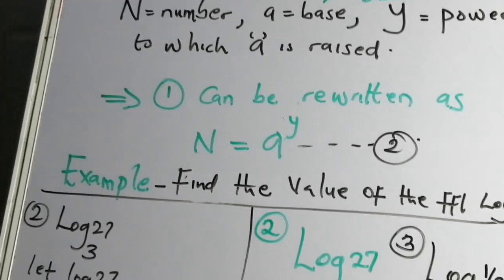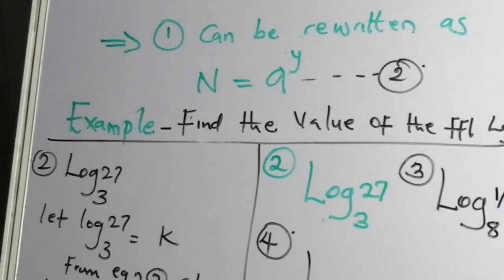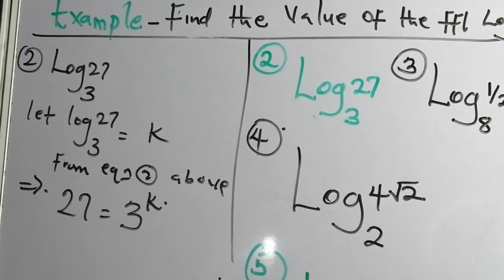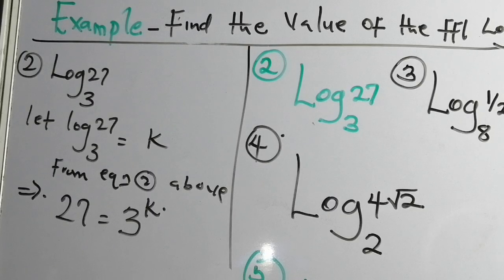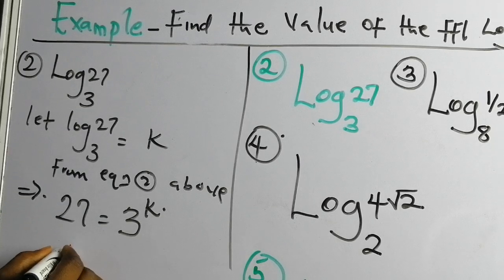So now, like I said, law of indices. If you've not gone through indices, surds, or algebraic processes like factorization and using the quadratic formula, please go through them so that you can have a full glimpse of what we've done so far. So in this case, I need to make left and right the same base. How many times can I multiply 3 to give me 27? 3 times 3, 9. 9 times 3, 27. So it's 3 times.